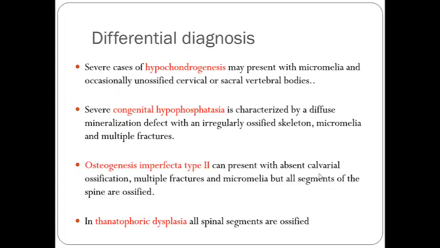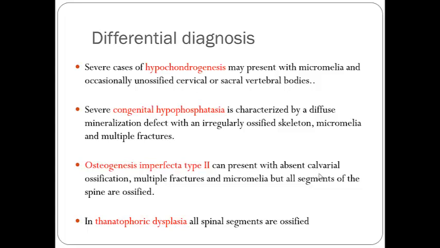What is the differential diagnosis of non-ossifying bone dysplasia? Severe cases of hypochondrogenesis may present with micromelia and unossified sacral and vertebral bodies. Severe congenital hypophosphatasia is characterized by a diffuse mineralization defect with an irregularly ossified skeleton, micromelia, and multiple fractures.